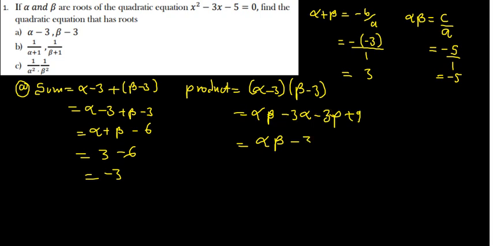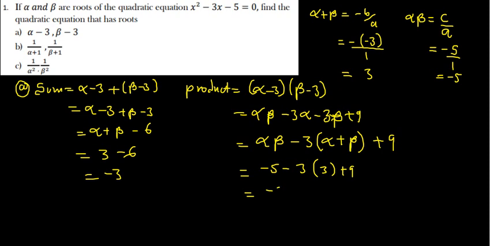We remain with alpha plus beta, and at the end we have plus 9. Where there is alpha beta, we substitute negative 5, that is the product. Then minus 3, where there is alpha plus beta, we substitute 3, and then plus 9. This gives us negative 5 minus 9 plus 9. These two cancel, so the answer is negative 5.